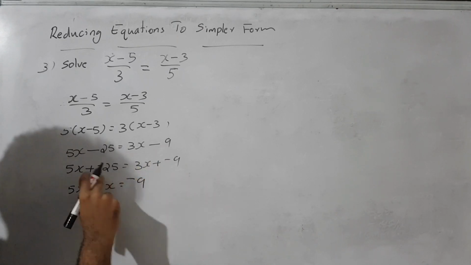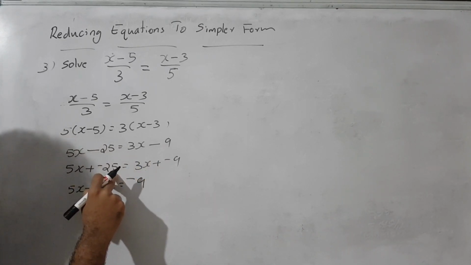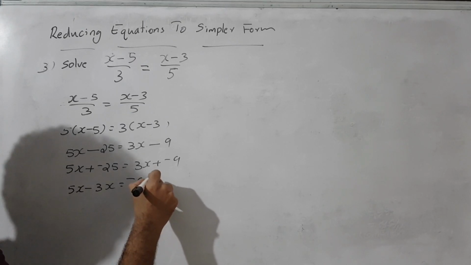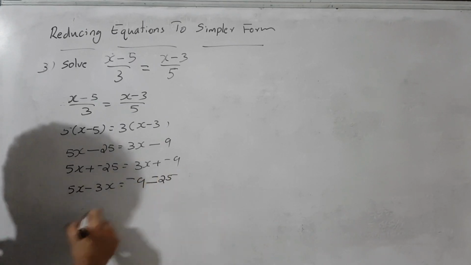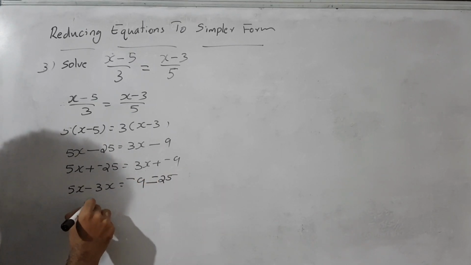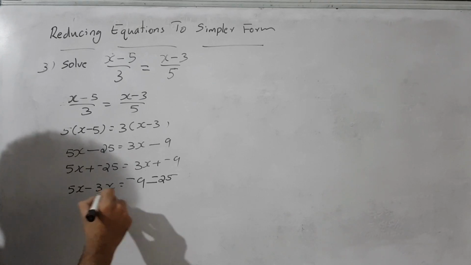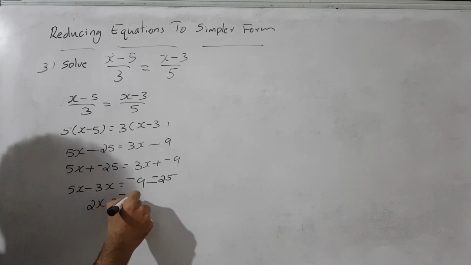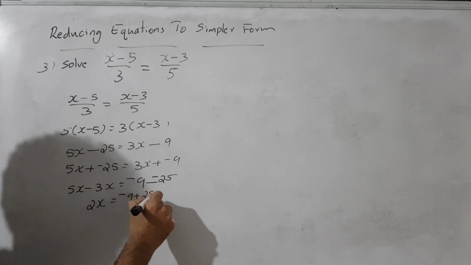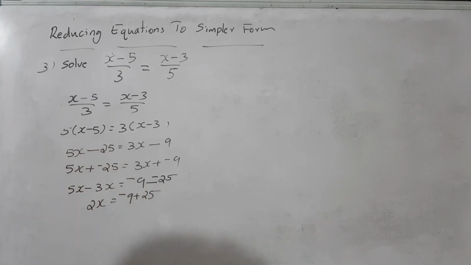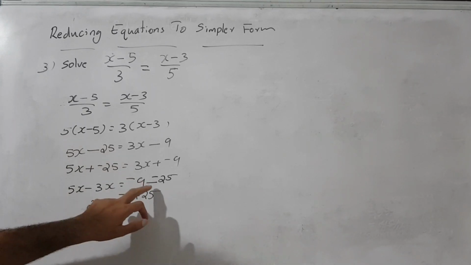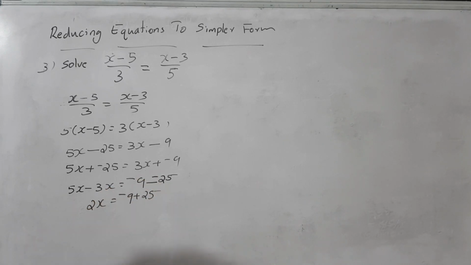Minus 9. It's a plus minus 25. What is the change? Minus 25 becomes plus 25. Then 5x minus 3x is 2x. 2x is equal to minus 9 plus 25. Correct?